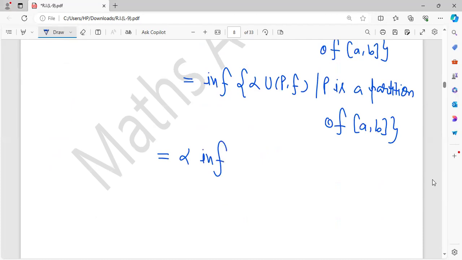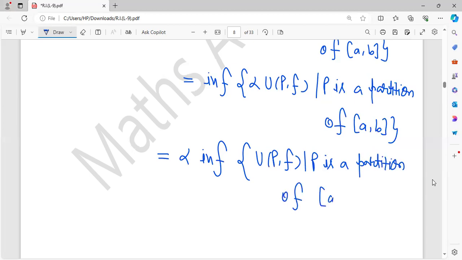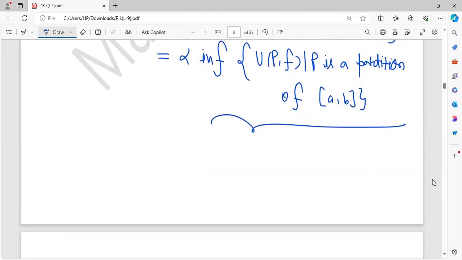This is alpha times the infimum of U(P,f), P a partition of [a, b]. But what is this? This is the upper integral of f.